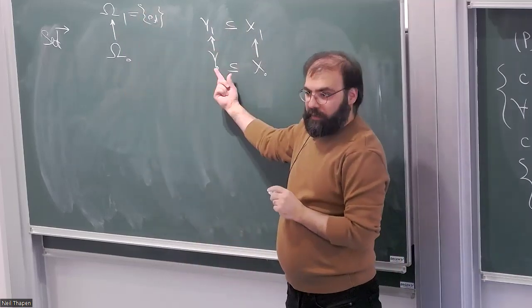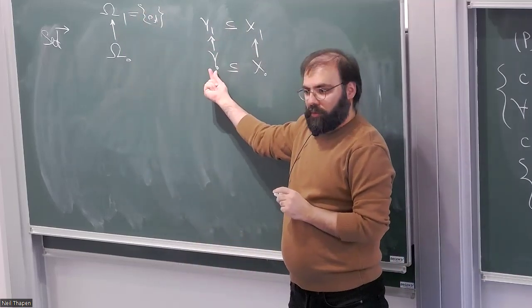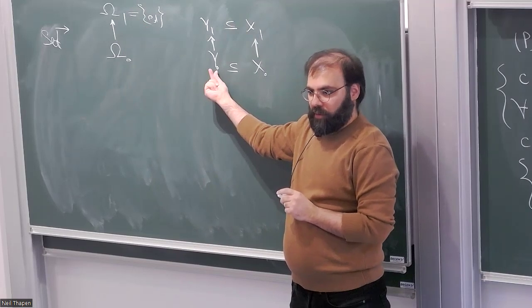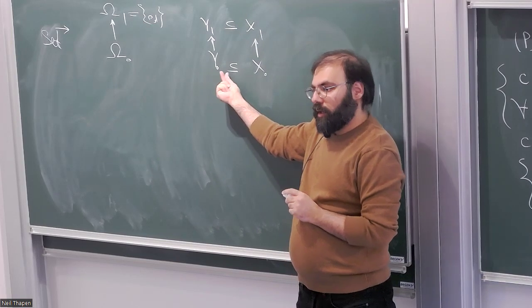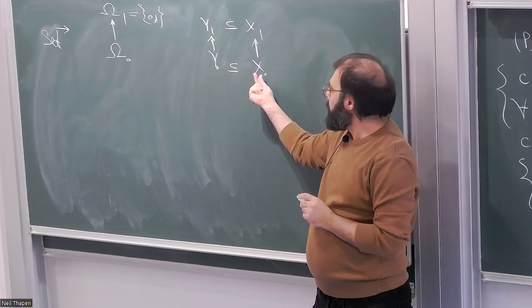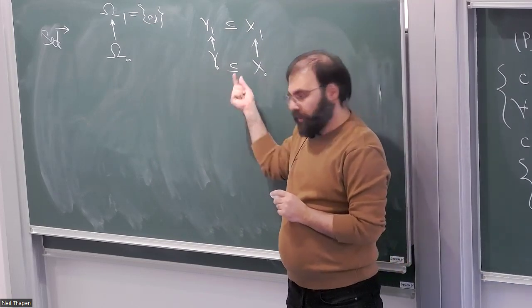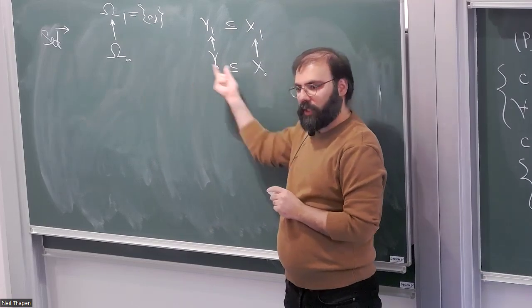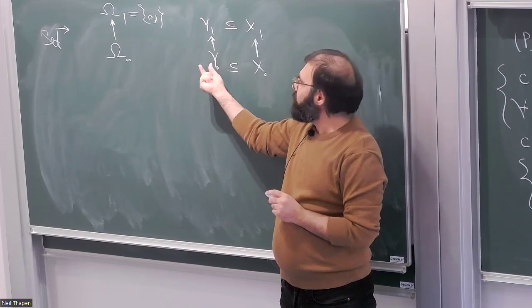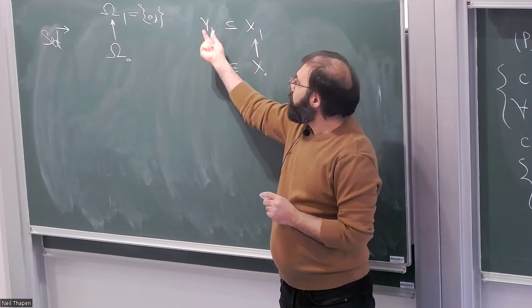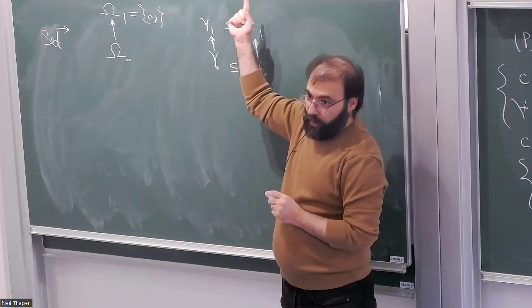And what about this? Here, there are more than two. The element here, you have some element in x0. It is either in y0, or it is not in y0, but it is in y1 when you go up.